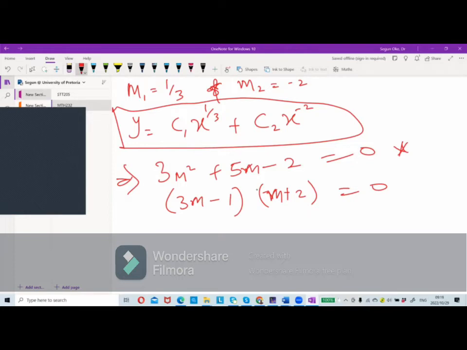Let's try it. 3m multiplied by m is 3m squared. 3m multiplied by 2 is 6m. Then minus 1 multiplied by m is minus m. Minus 1 multiplied by 2 is minus 2. The mistake was made here.